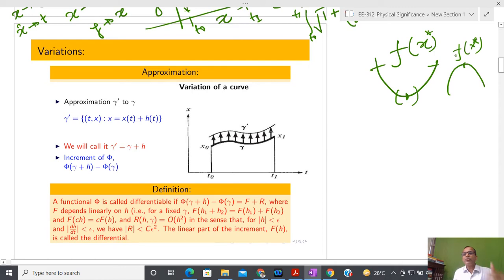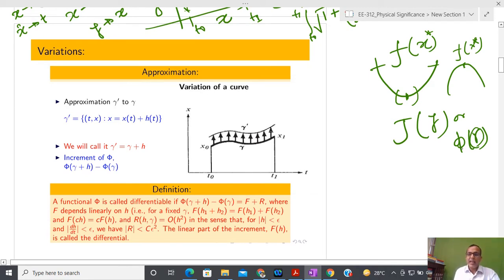If we talk about a functional, the argument of some kind of functional is a function, which we write as phi of gamma. So if you are going to minimize this, you will get some kind of nearby function.